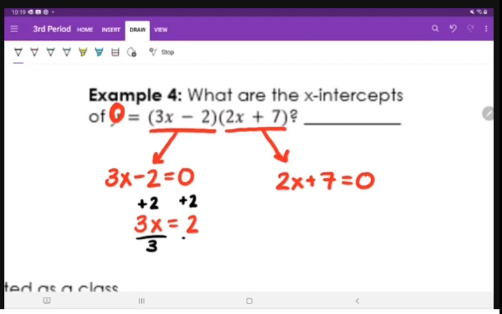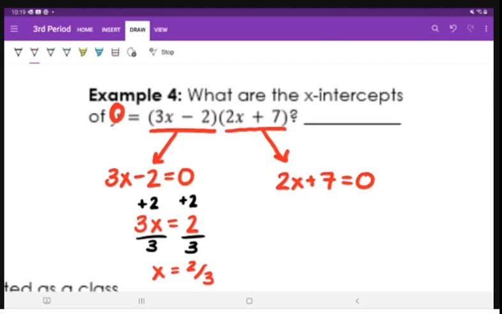So we'll divide by 3, divide by 3. And that gives me x equals 2/3, which is a fraction, obviously. That's okay. Our answers can be fractions, decimal numbers, all kinds of things. They can be positives, they can be negatives. We end up with positive 2/3 as the x value for this factor.